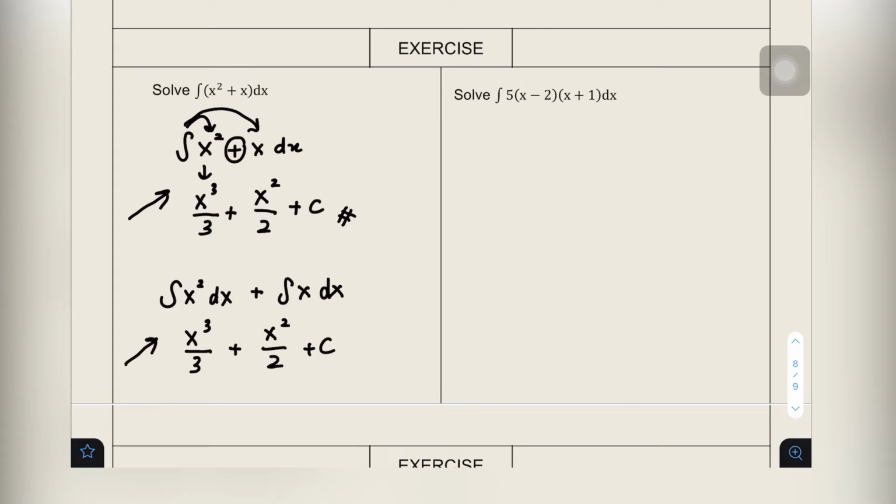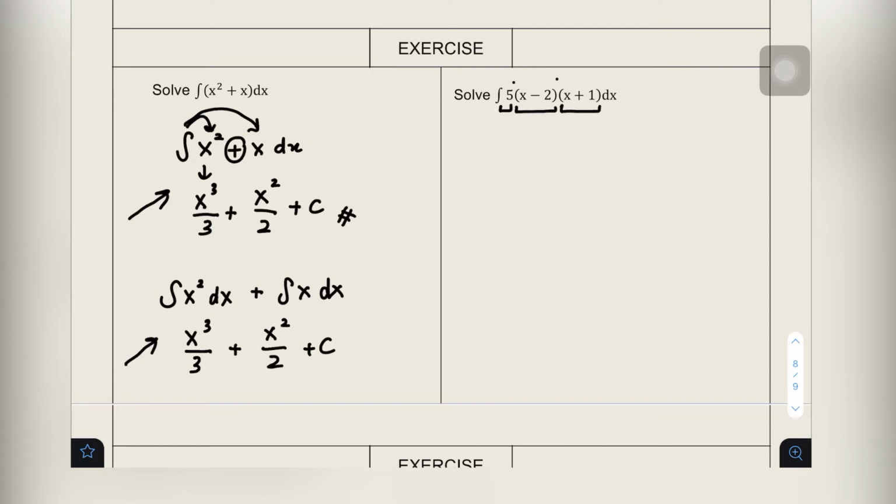If you have a second exercise like this, you need to solve the integration of 5 times (x minus 2) multiplied by (x plus 1). The first thing you can do is see that this is a constant multiplied by the first function multiplied by the second function.